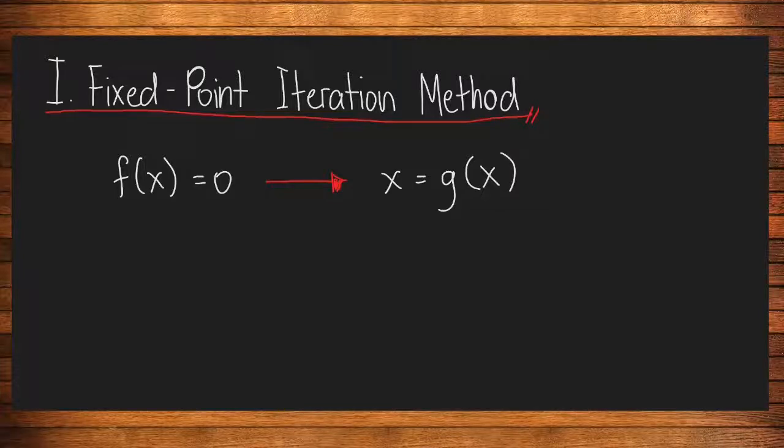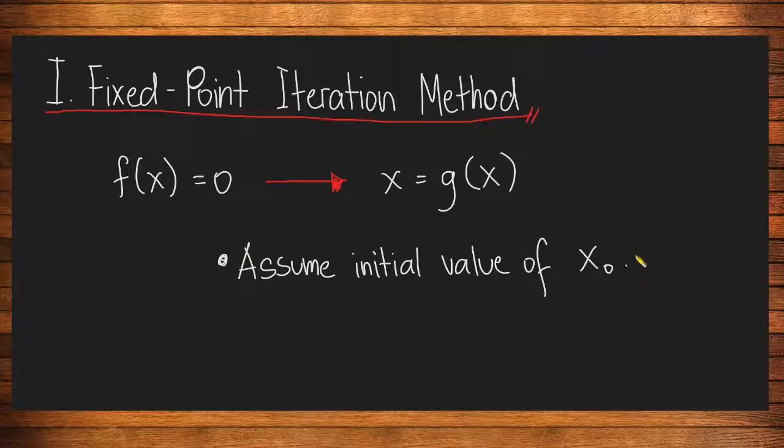The first thing that we are going to do when performing the fixed point iteration method is we start by assuming an initial value for our solution. Let's say that is x sub 0. The next thing that we are going to do is we will simply substitute our initial value into g of x. The value of g of x that is obtained is the new estimate for our solution.